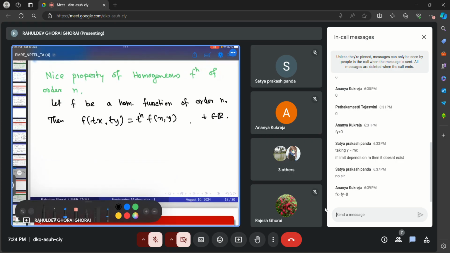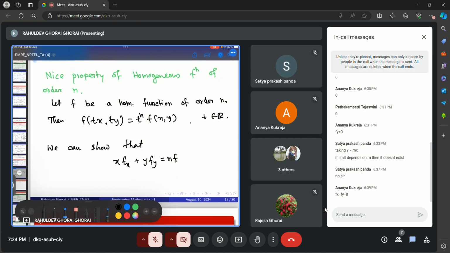We can show this, by Euler mainly: x times fx plus y times fy will be n times the function f. See how this is very useful.